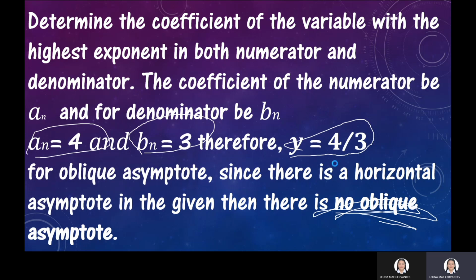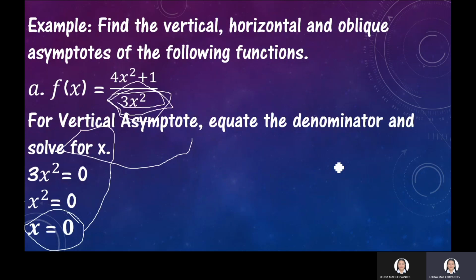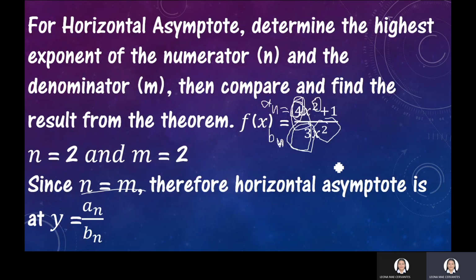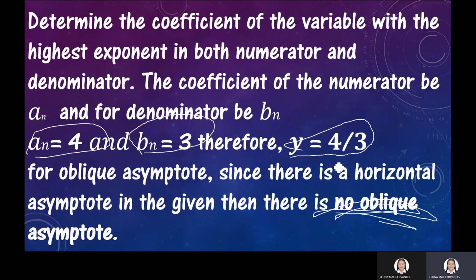Again, for this given, f of x is equal to 4x squared plus 1 over 3x squared. Vertical asymptote, x is equal to 0. Horizontal asymptote, y is equal to 4 over 3. Then, oblique asymptote, none. Okay? Next.